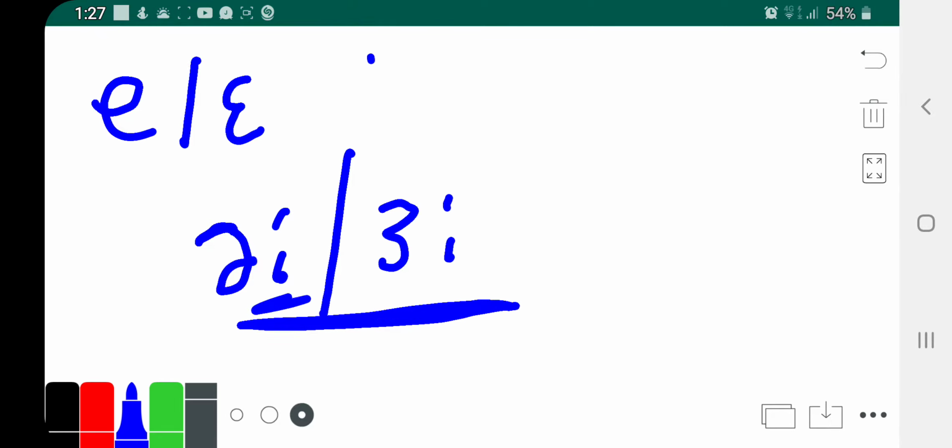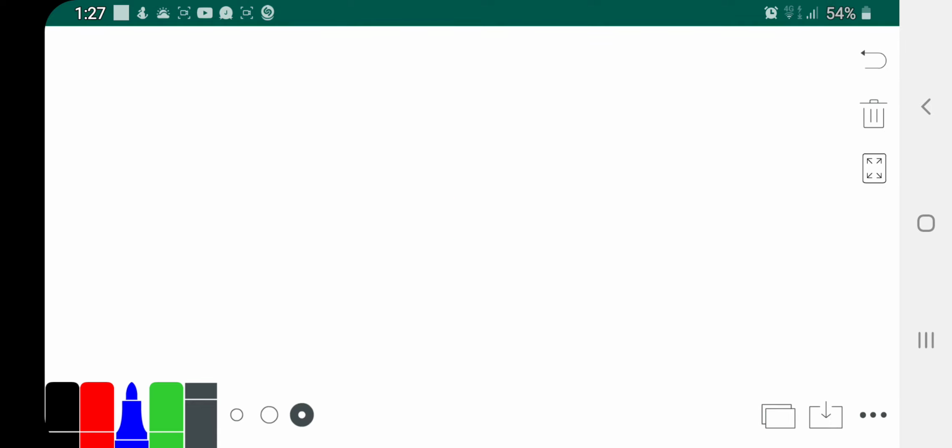Okay, so we have this one air, and this one is a long vowel and this is a short. The short is this, about.